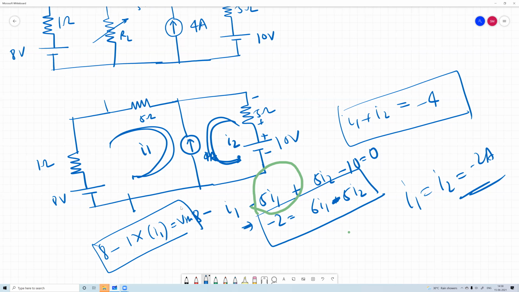But I1 is minus 2. So VTH will be 8 minus 1 into minus 2, that is 10 volt. Okay.